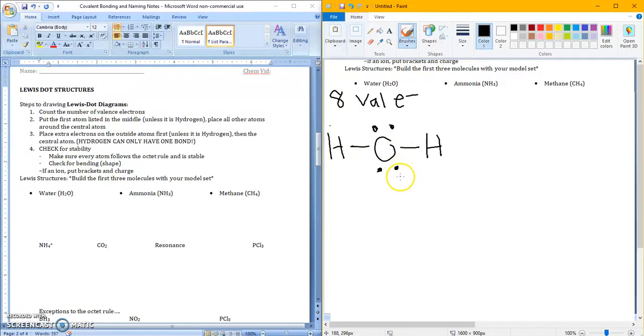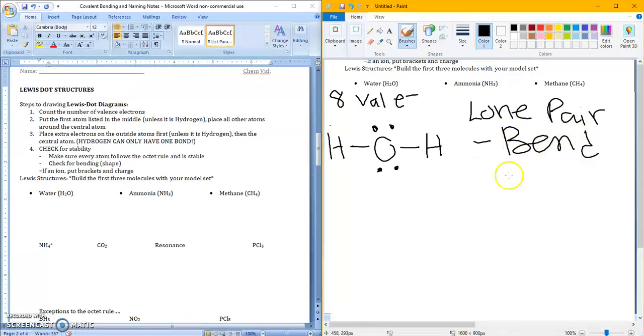Okay, so as you know, electrons don't really like each other. And if you notice, I have 2 lone pairs right next to a bond, right next to lone pairs, right next to a bond. And they don't really like that. So lone pairs, if I have a lone pair, they always bend the bonds.